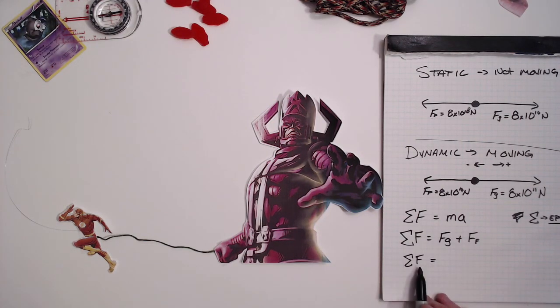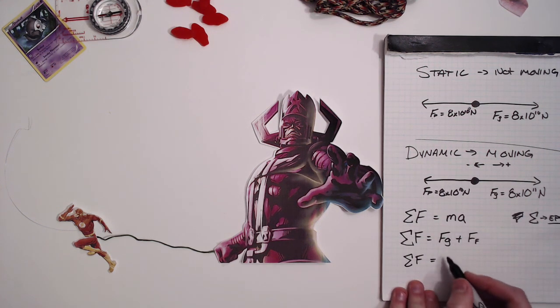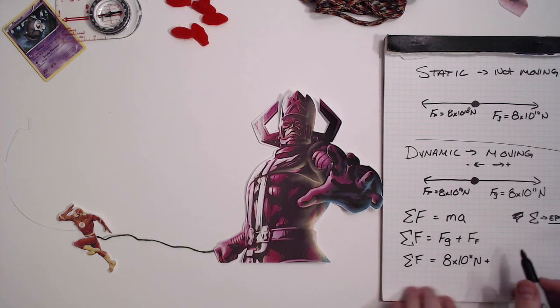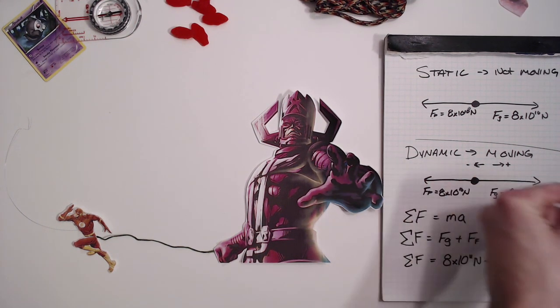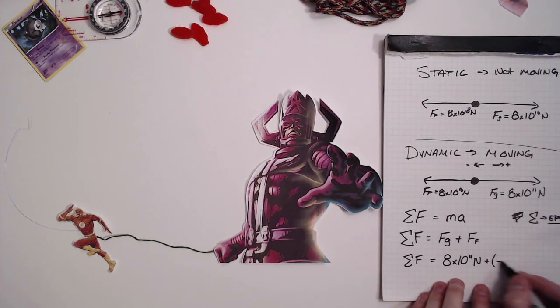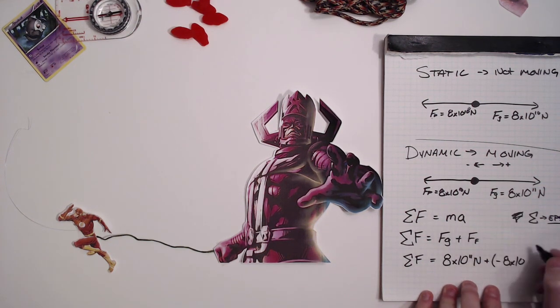So that's going to be 8 times 10 to the 11th newtons. And that's going to be added to the force of our flash. But notice that the force of the flash is in the negative direction. So we need to make sure that we include the negative in there. And that's going to be 8 times 10 to the 10th newtons.